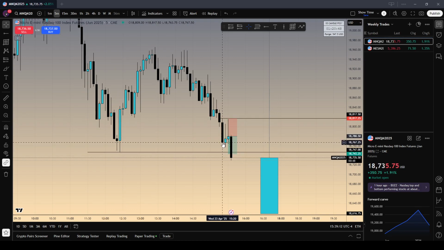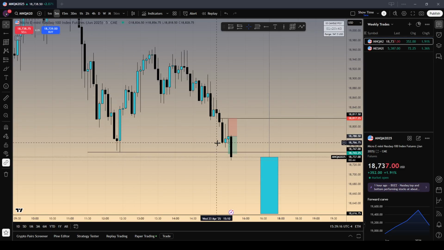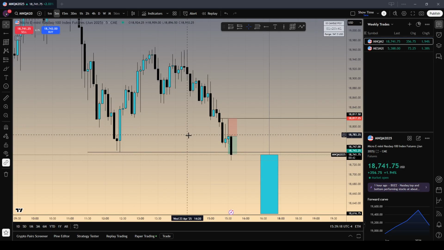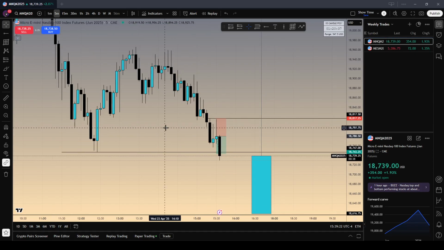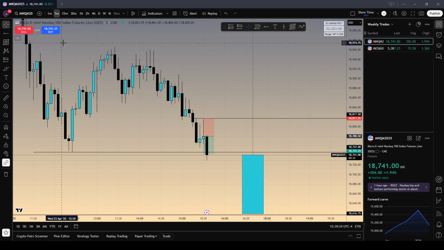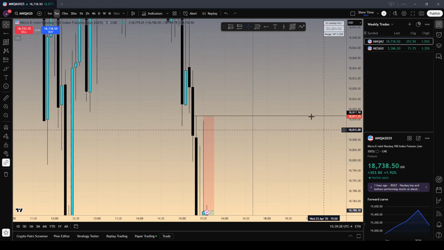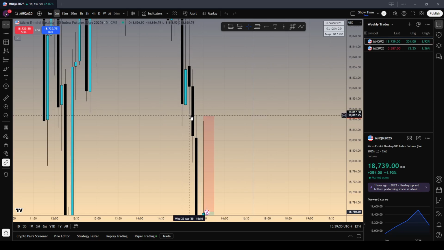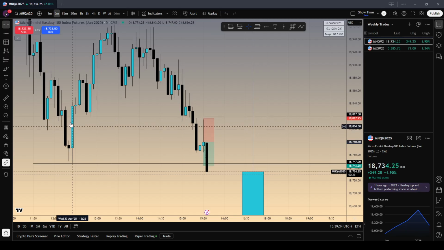You can see we closed and invalidated this fair value gap with this candle, so it became an inversion fair value gap that we traded back up into. That was my higher time frame PD array. I was also looking to see if we could come into this 5-minute fair value gap. It's very tiny and we didn't end up trading to it, but that's fine because we're using this inversion fair value gap as our PD array.